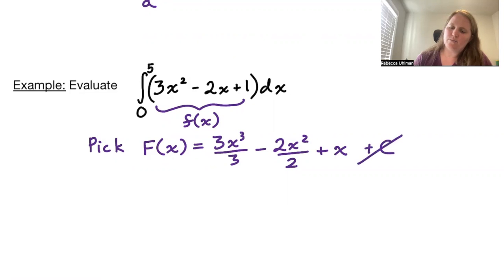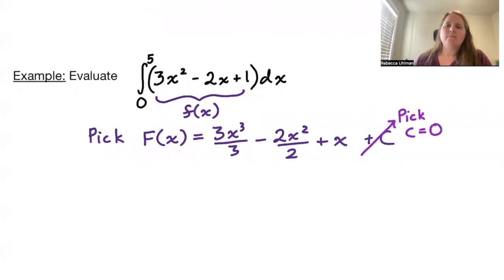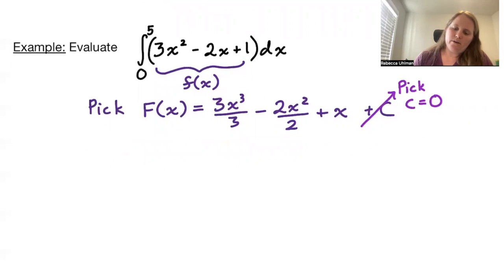We can just pick that c to be 0. And so we wind up with our capital F of x is just x cubed minus x squared plus x.